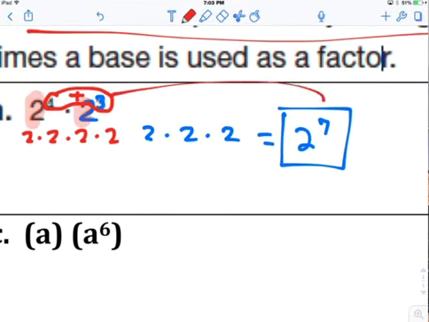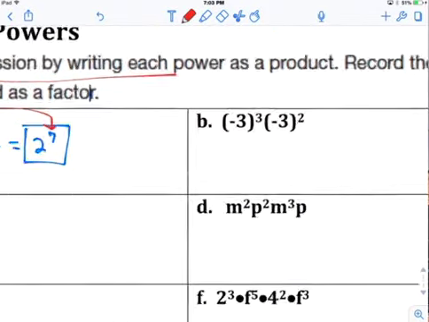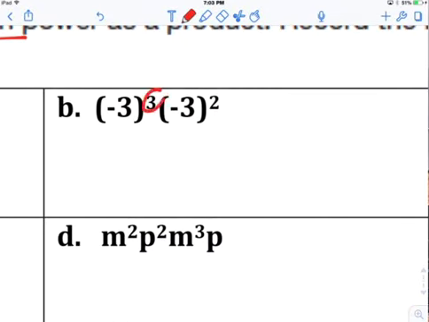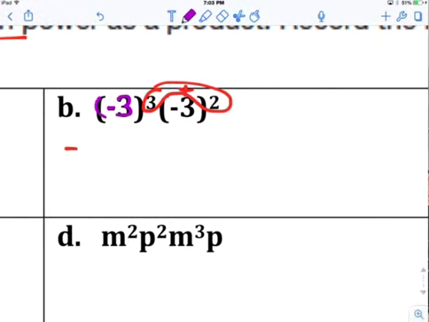You get this 7. Okay, they want you to start noticing that. So when you add this, your answer should be -3 to the 5th power. Okay, because there's 3 negatives here.